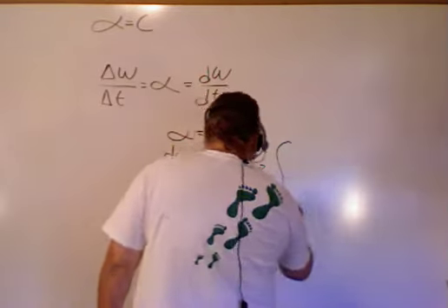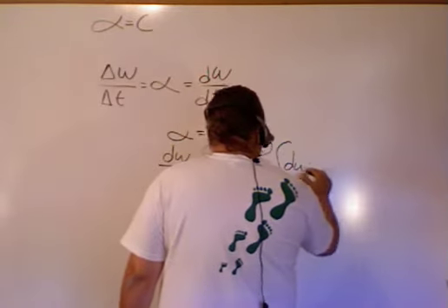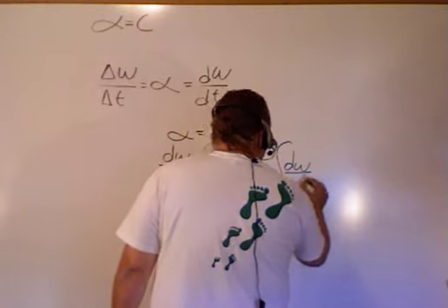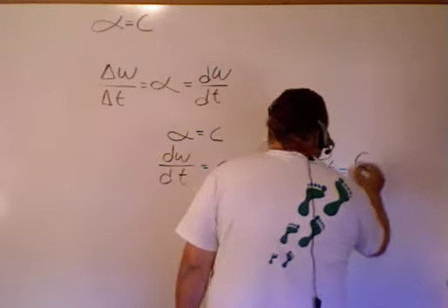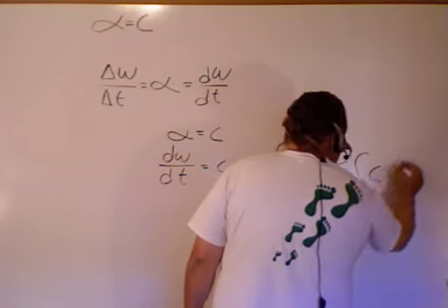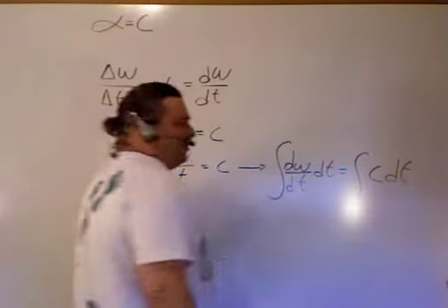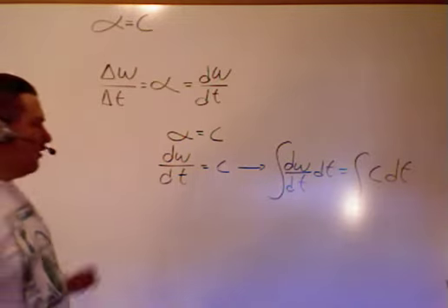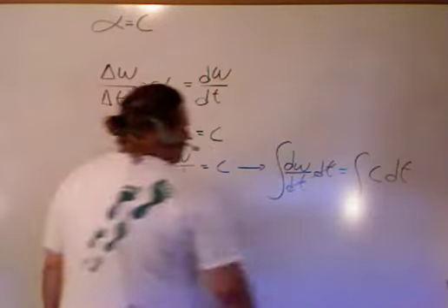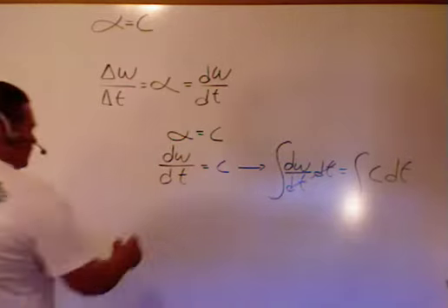So I'm going to have the integration of the change in my angular velocity over time with respect to time is equal to the integration of a constant with respect to time. Now, the wonderful thing about constants is that the integration is really trivial. So these cancel out, and I'm left with this equation.